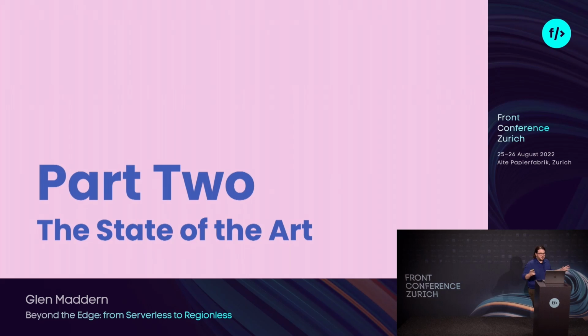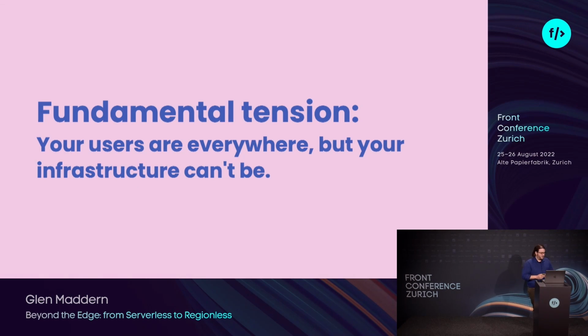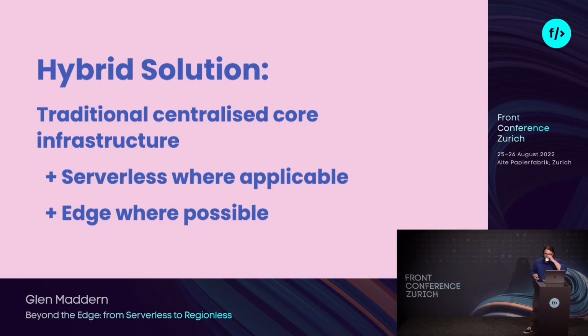So that's where we are at the moment, right? What I'm calling the state of the art. That there's a fundamental tension between having your users all over the globe, but you can't put your infrastructure there. So the solution is keep using the cloud, your centralized core infrastructure.